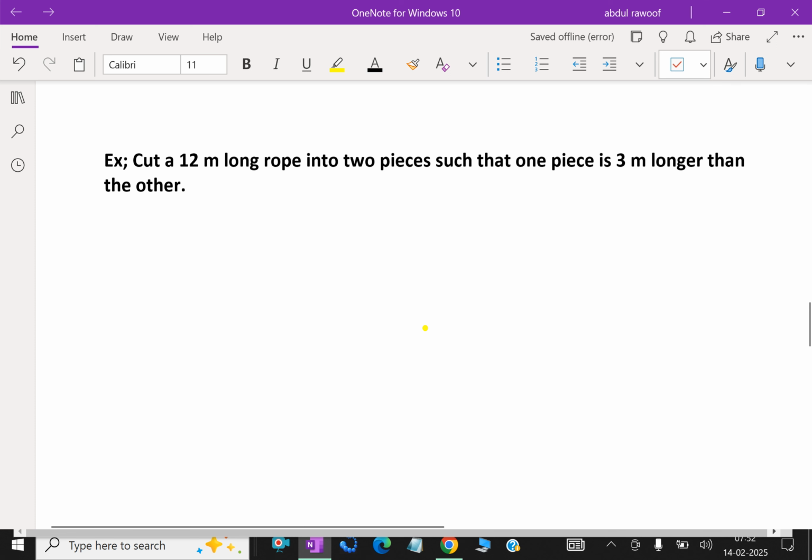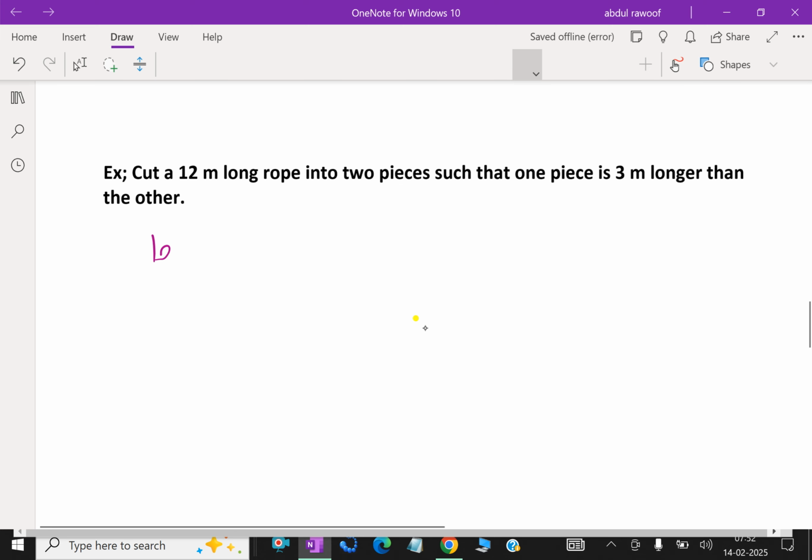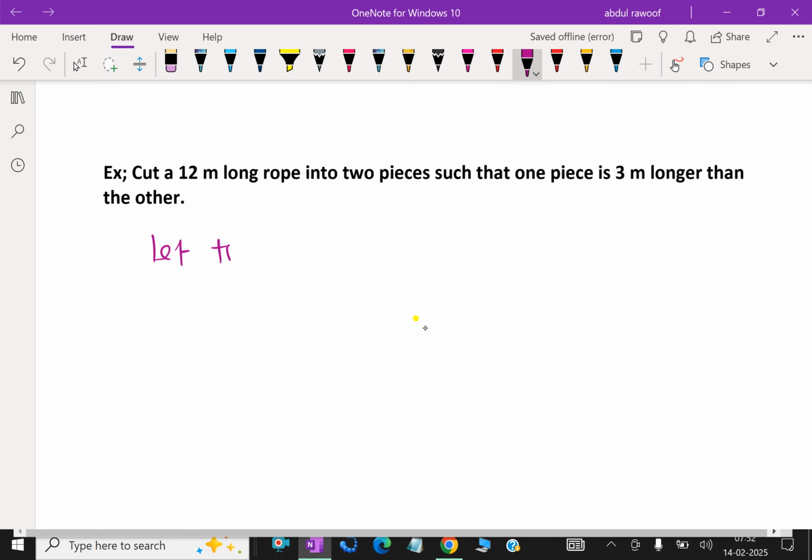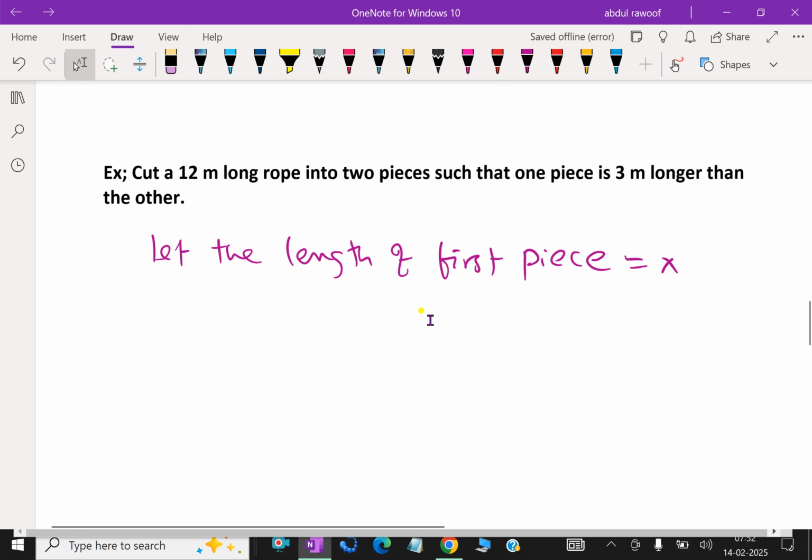For that, first let the length of the first piece equal x meters. That means x is a variable, an unknown thing we can solve by using an equation.